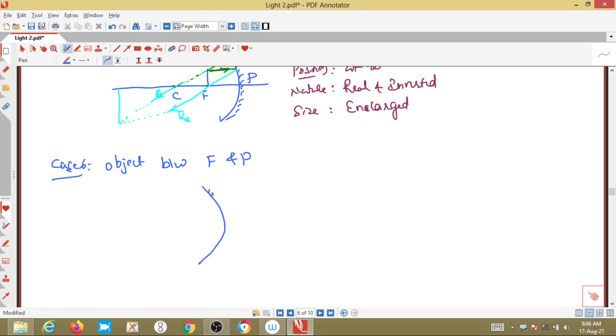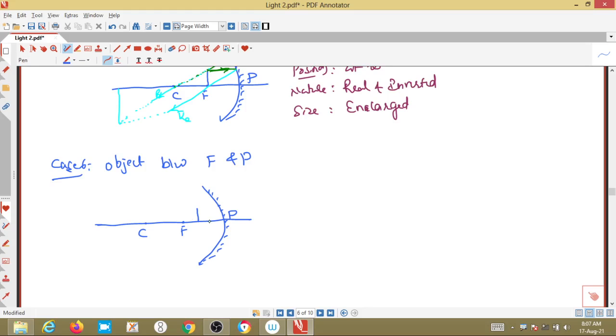When we do sign convention in our next class, it is most important, so try to understand it properly. This is the principal axis, this is the point P, this is F, and this is C. I placed the object very close to the reflecting surface or mirror.